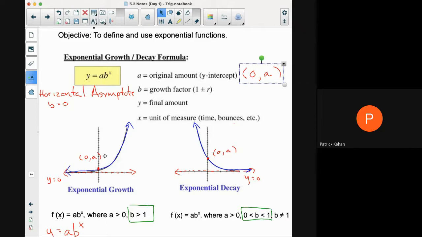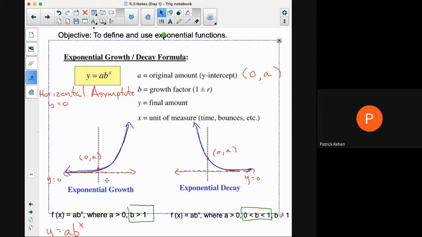So exponential growth, similar to the warm up, looks very similar to it. The y-intercept is (0, a). There's a horizontal asymptote here in red with the equation y equals 0. All of the horizontal asymptotes with exponential functions in this format will have the form y equals 0.